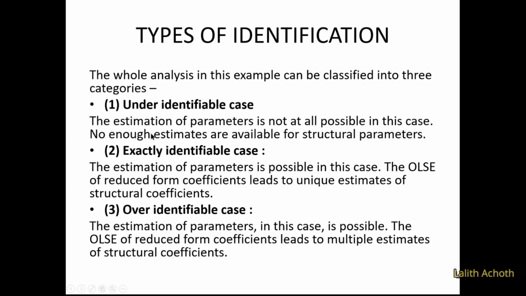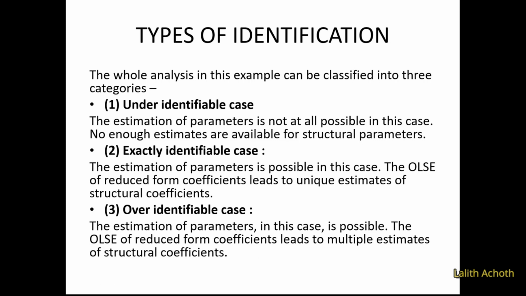When an equation is under-identified, the estimation of parameters is not at all possible because there's not enough data. If it is exactly identified, the estimation of parameters is possible. The OLS of the reduced form equation leads to unique estimates of the structure. I'll explain that with the example. Usually, we would always want our equations to be over-identified. In order to estimate simultaneous equation models, either they should be exactly identified or they should be over-identified. So in an over-identified equation, the estimation of parameters in this case is possible.